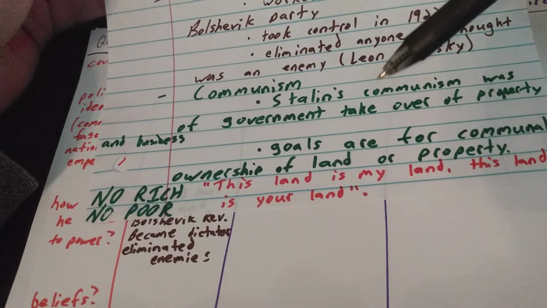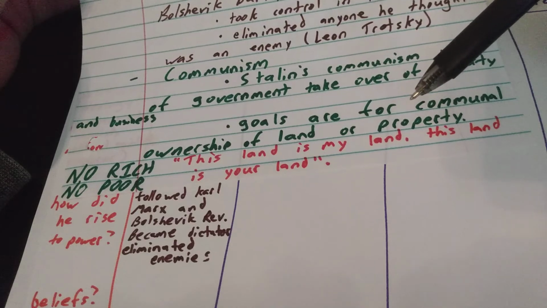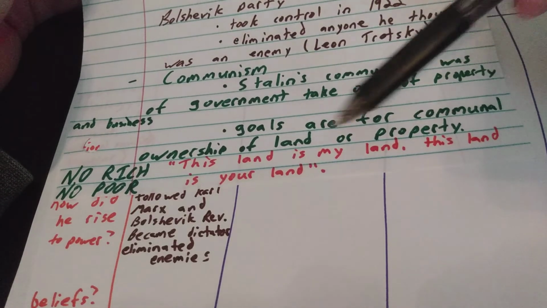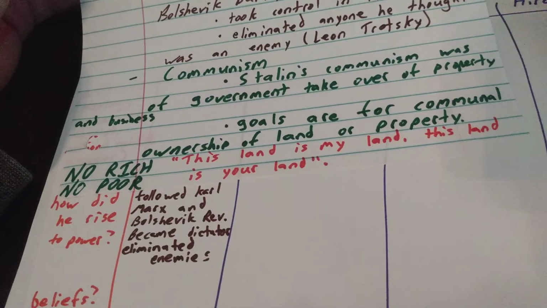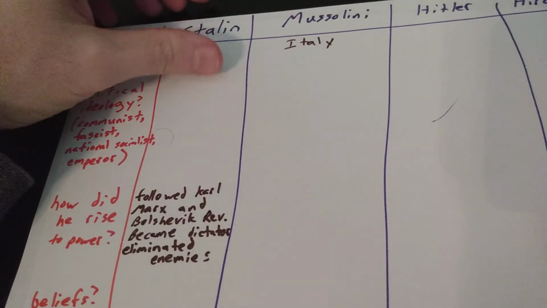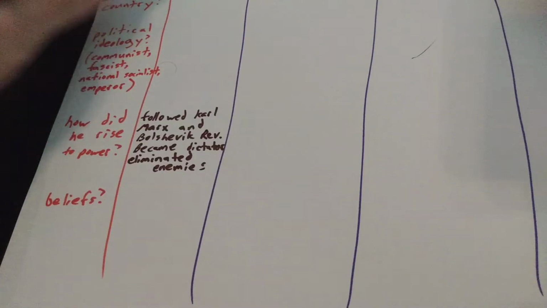You could say something like, the goals for having communism was for property to be owned by the community or by everyone. So that's just an example of how you use the video and the textbook to help answer these questions.